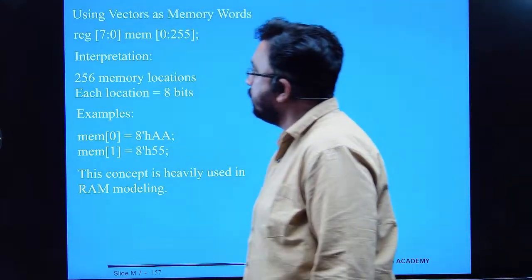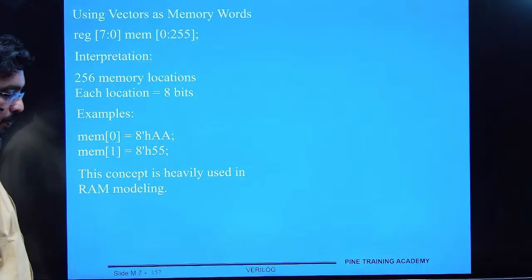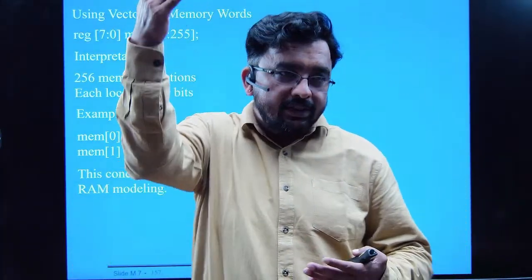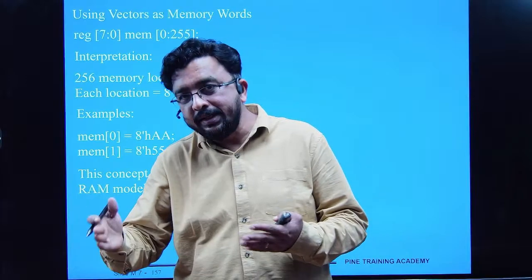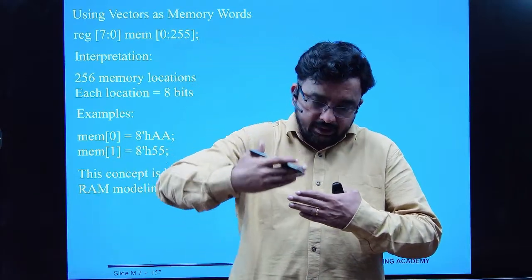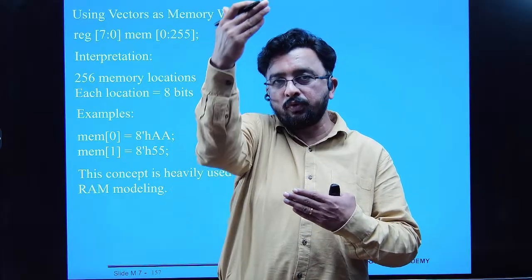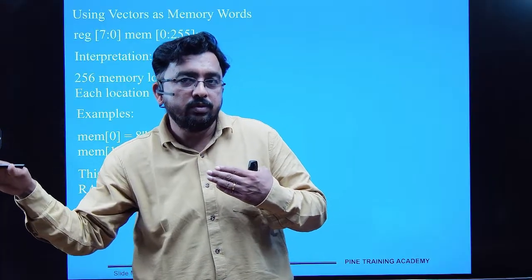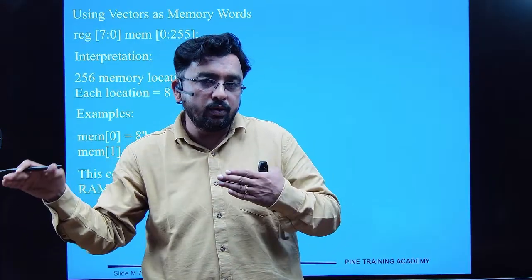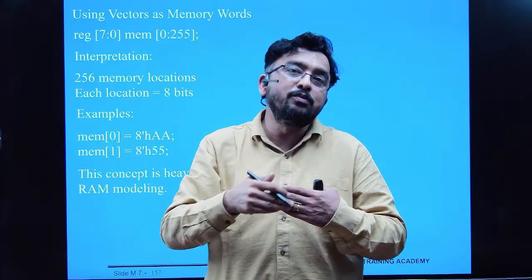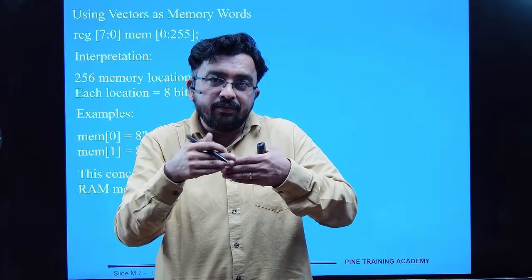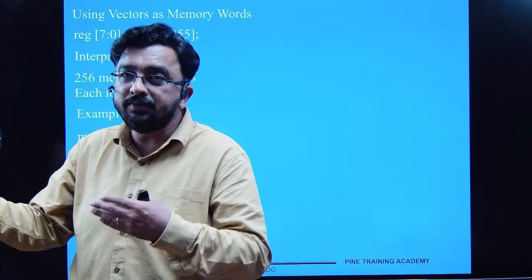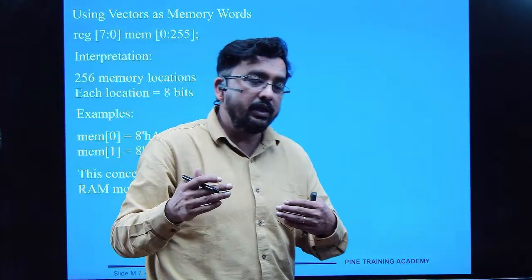This one is again memory. What is memory? Memory basically has different locations, and in every location some bits are stored: location 1, location 2, location 3, location 4, up to any location. How many bits you store at every location, and the locations, will also be defined in terms of vectors, that is, in a group of values, and the bits per location will also be defined in the form of a vector.